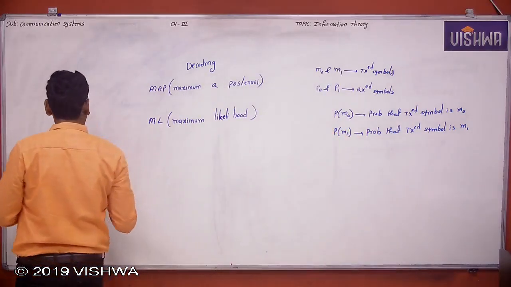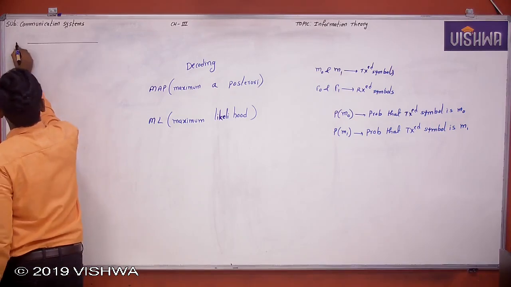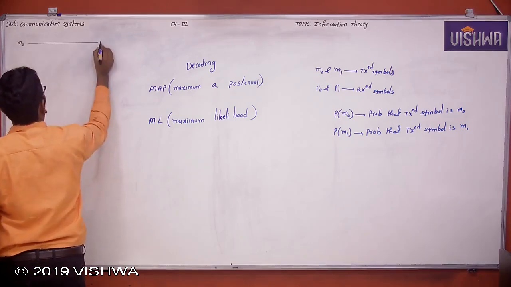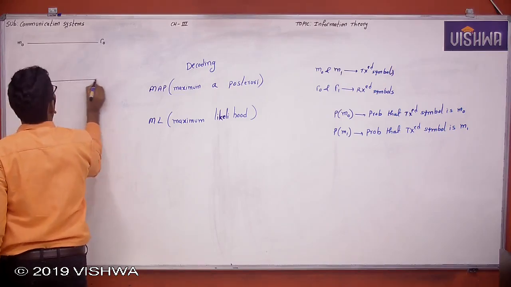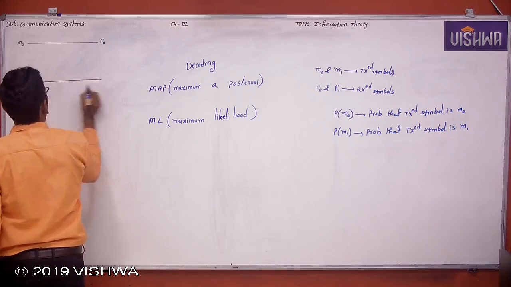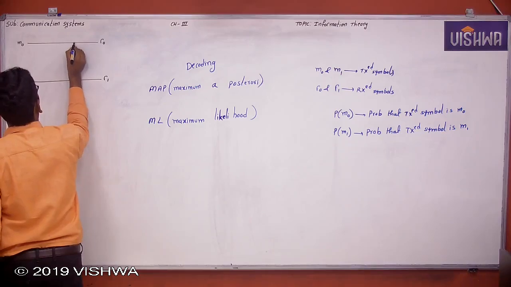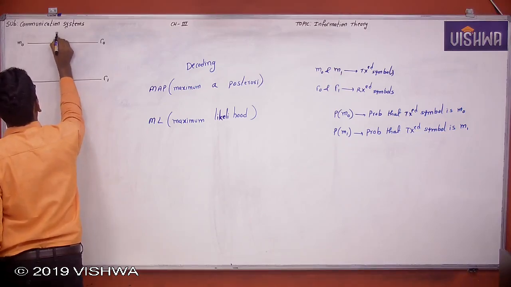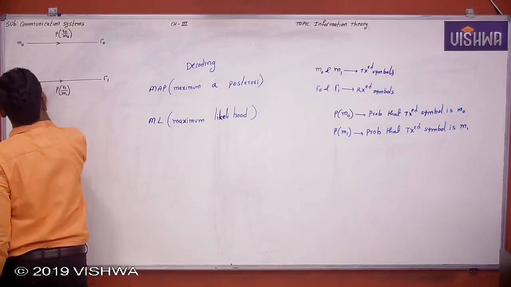Now here see the channel diagram. Now this is the discrete channel, the direct channel. When M0 is transmitted, R0 is received. When M1 is transmitted, R1 is received. This is nothing but the probability that R0 is received when M0 is transmitted, and the probability that R1 is received when M1 is transmitted.